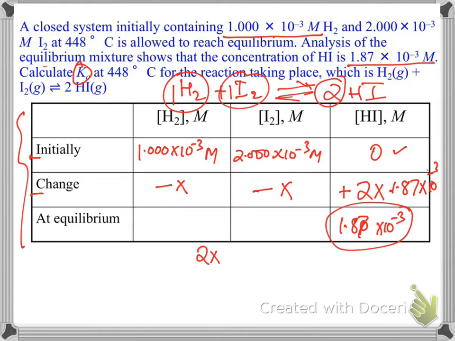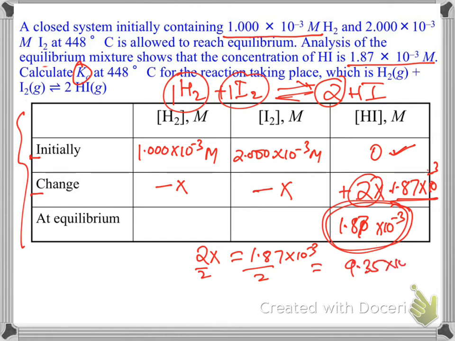Or another way of saying it is that you started with 0, you have this at equilibrium, that means this must have been formed here. Now this is the value of 2x, then what will be the value of x? If you have 1.87 times 10 to the negative third, you divide by 2, and I'm going to write it in scientific notation, and it is going to be 9.35 times 10 to the negative fourth.